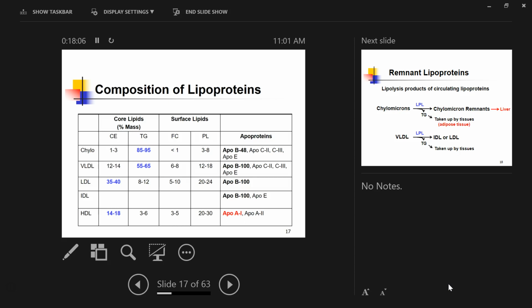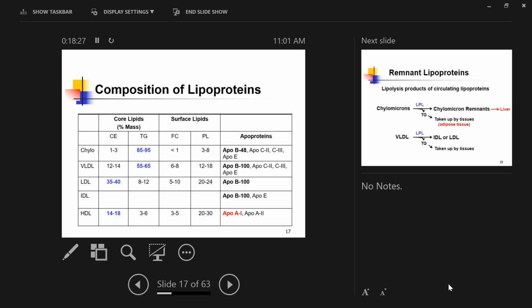And then let's look at the apoproteins. So the chylomicron surface has ApoB48, ApoC2, C3, and ApoE, and VLDL also contains ApoC2, 3, and ApoE.